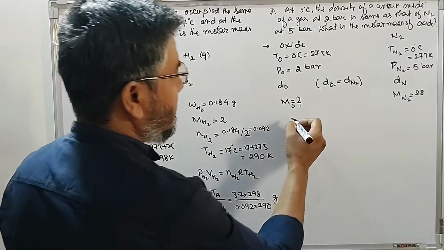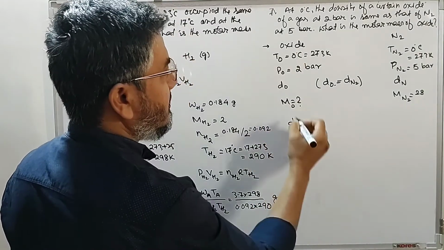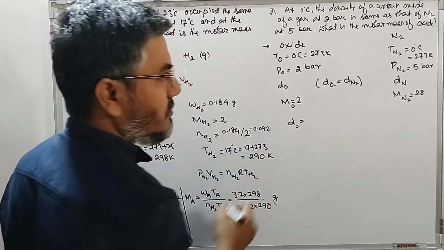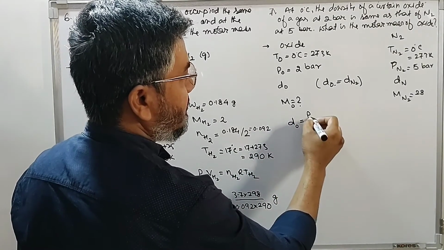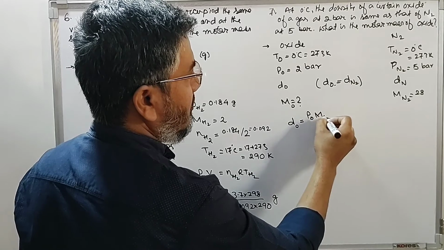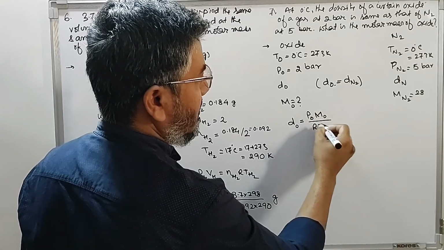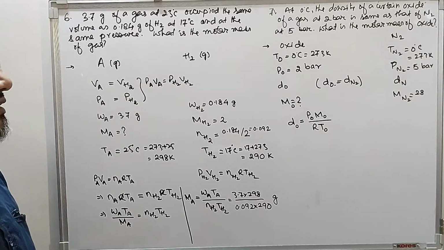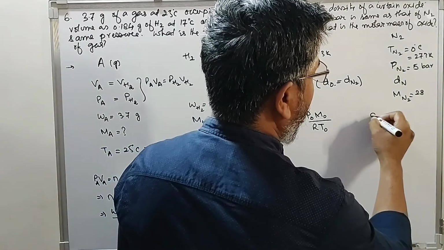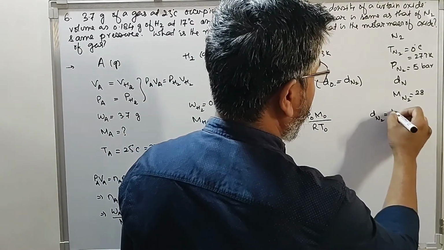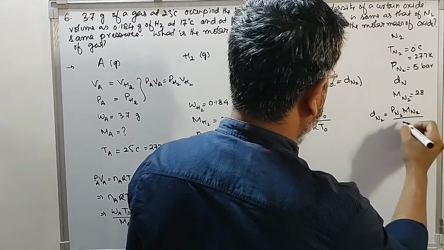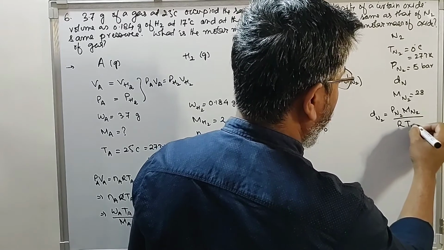So look at this, we have this equation. Density of oxide is equal to pressure of oxide times molecular mass of oxide divided by R T of oxide, from the ideal gas equation, pressure is density RT by molar mass. Density of nitrogen gas is equal to pressure of nitrogen times molar mass of nitrogen divided by R T of nitrogen.